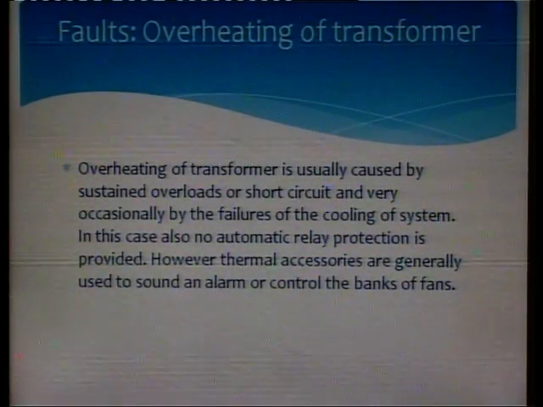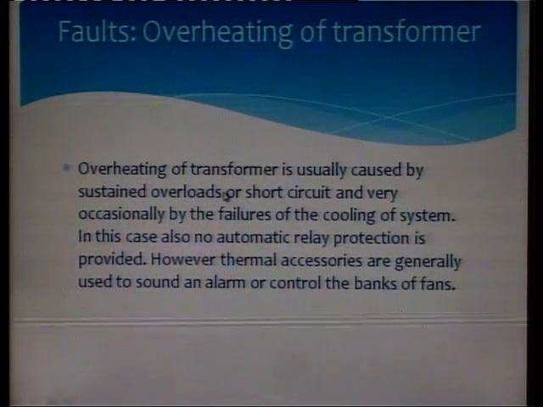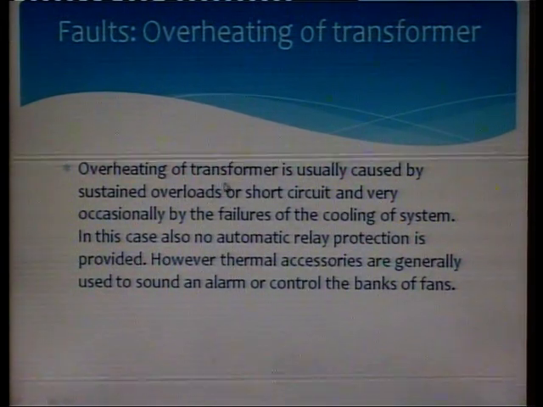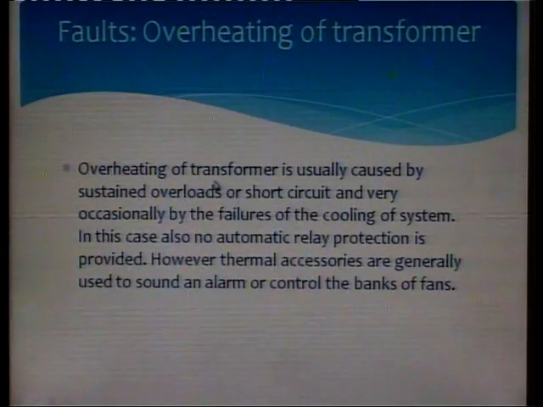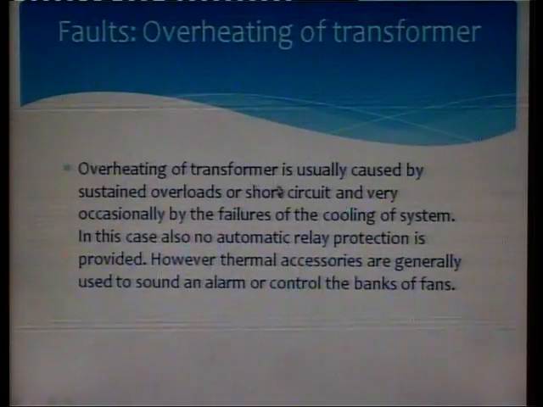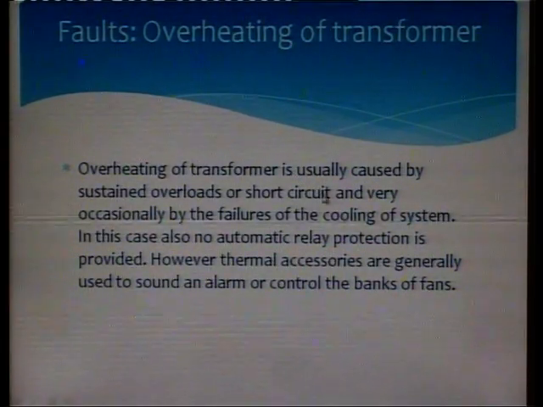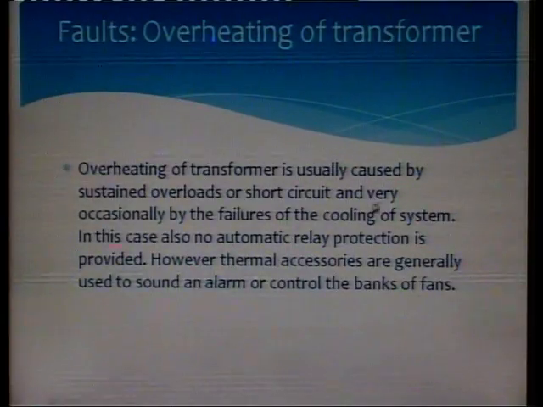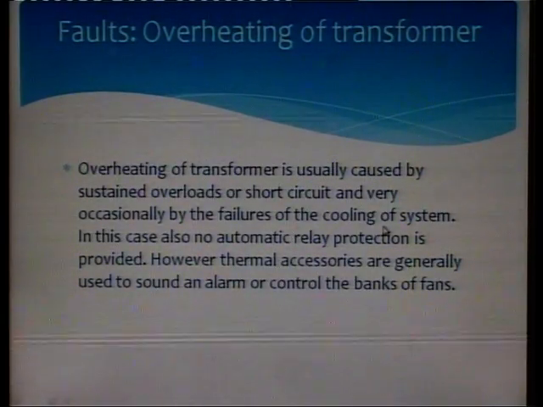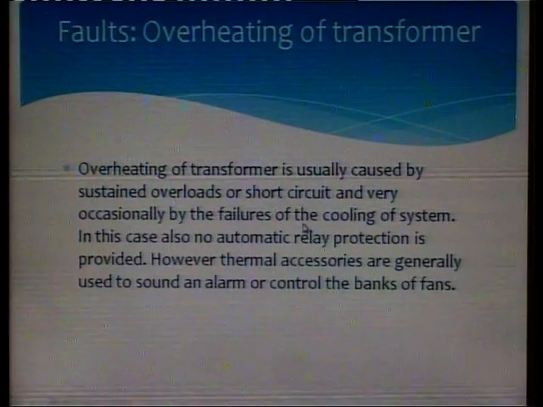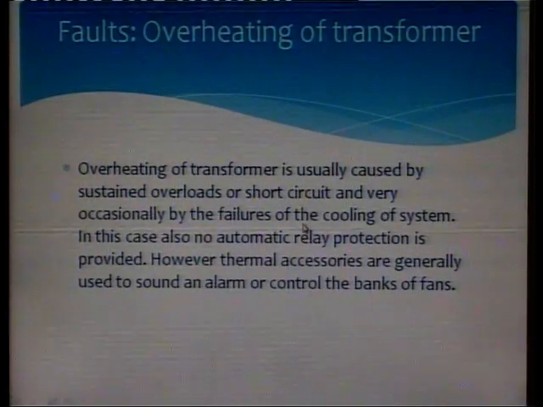The first is overloading of the transformer. Second, it may be due to short circuiting, and the third main reason is failure of the cooling system of the transformer. In these three cases, overheating may occur and this may harm the transformer.